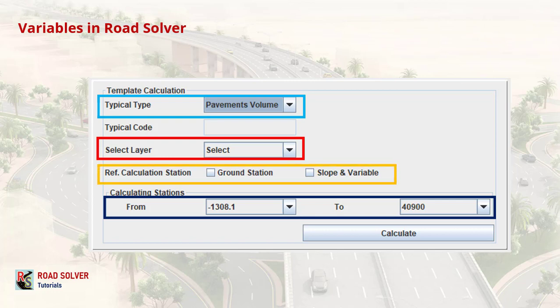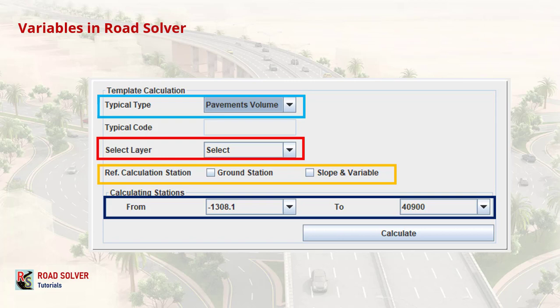Finally, there is this reference calculation station. This station will be calculated based on the ground selection or the slope or variable selection. If the user requires the slope and variable locations also, select this option and they will be calculated too. This option is used to print out the payment volume. Sometimes there is a big stretch, say 3 kilometers, where the slope is the same, so the cross section would be repeated with the same value for 3-4 kilometers.